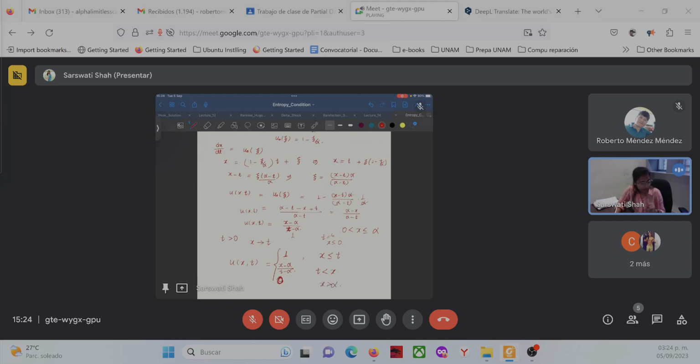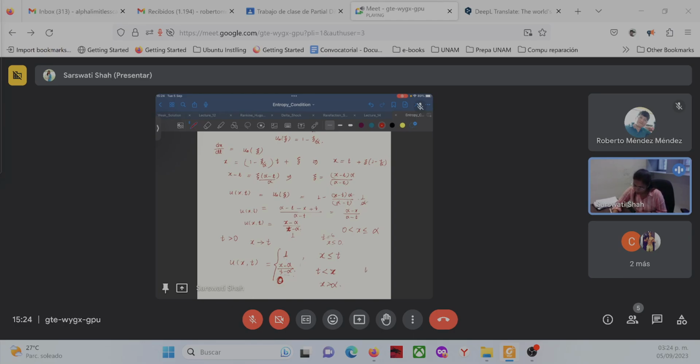Still we are left with the condition on t. Here t is greater than 0, and as t approaches alpha this becomes unbounded, is it not?